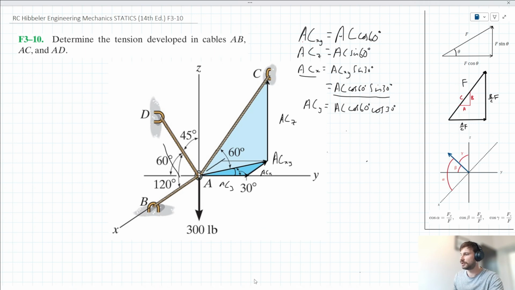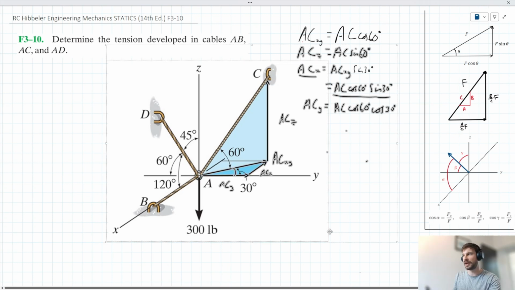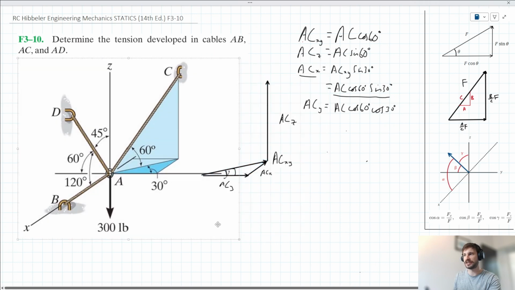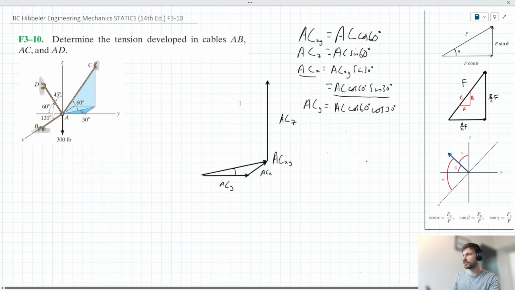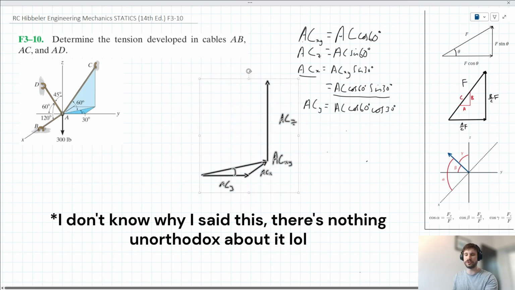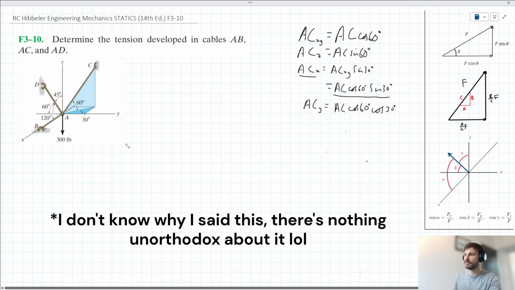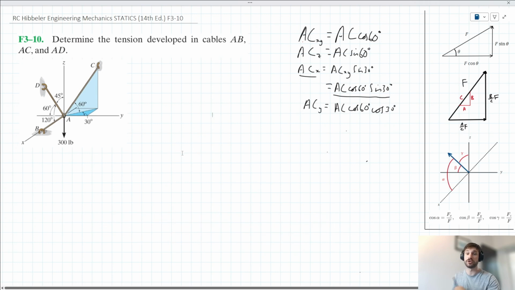Let's go ahead and break down AD. Now, you might be thinking, let's break down AD as well, since that's the other force acting in all three dimensions. I'm going to take a slightly unorthodox approach here and move straight to resolving in the X, Y, and Z directions, okay?